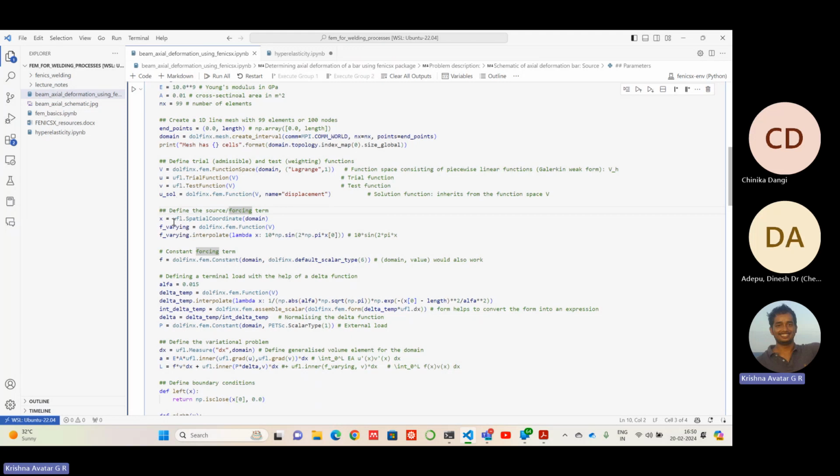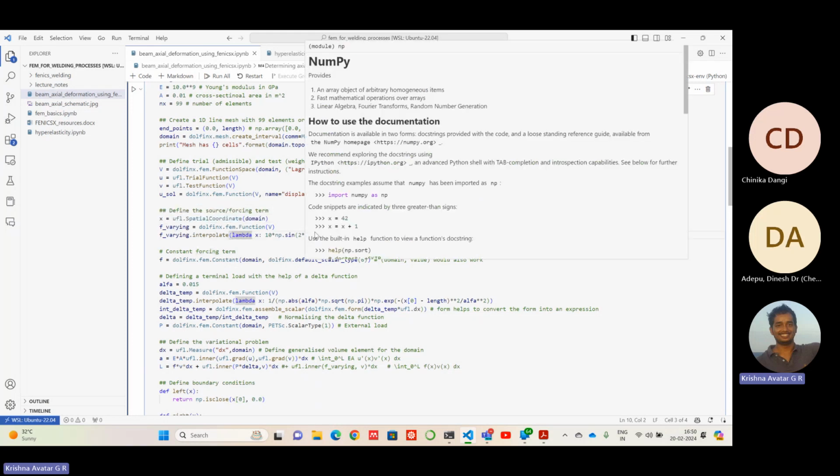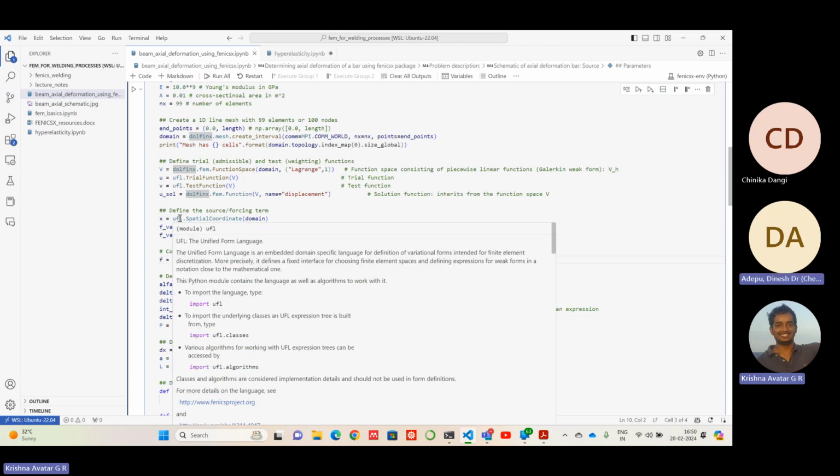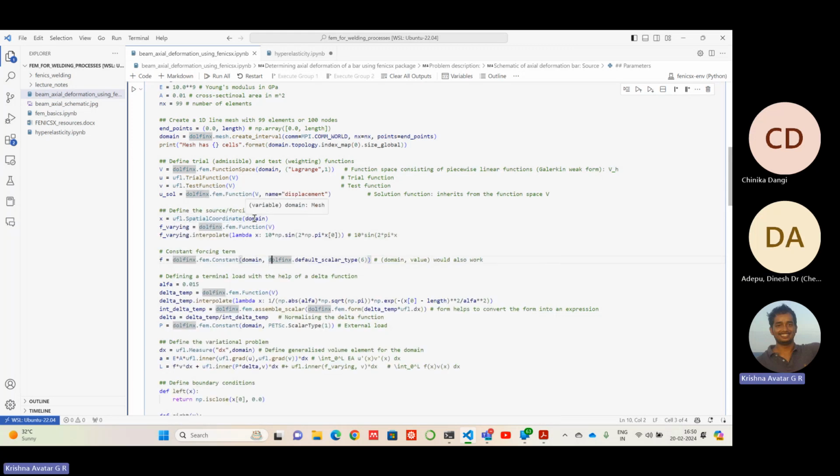If our forcing function happens to be a function of space, then we would also like to have the location, or the Cartesian coordinates, of every node. So we call UFL dot SpatialCoordinate, giving the domain as the argument.